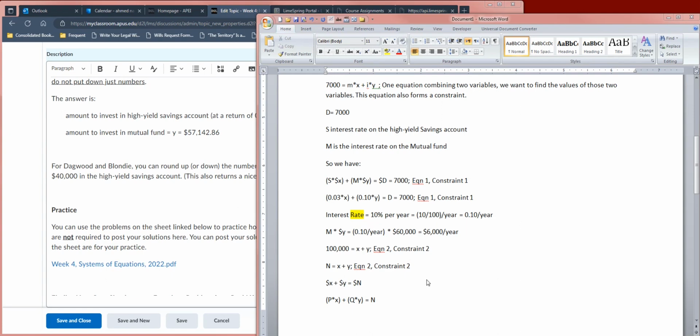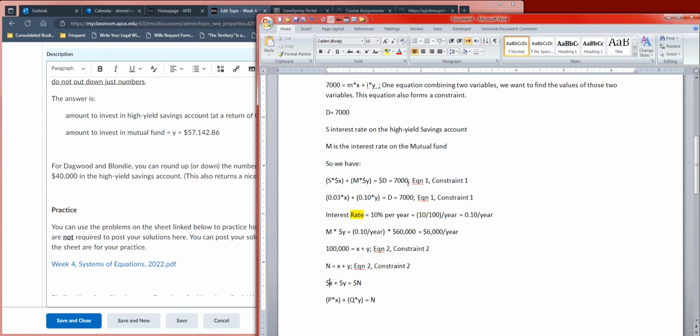Now, having talked about rate as being the change of one variable with respect to another variable, here are two more things to note. Let's take the easier one first. You'll notice that in this equation, the units are dollars throughout, money throughout, right? But in this equation, if we use this formulation of rate as something changing per year, the units work out to be dollars per year, right?